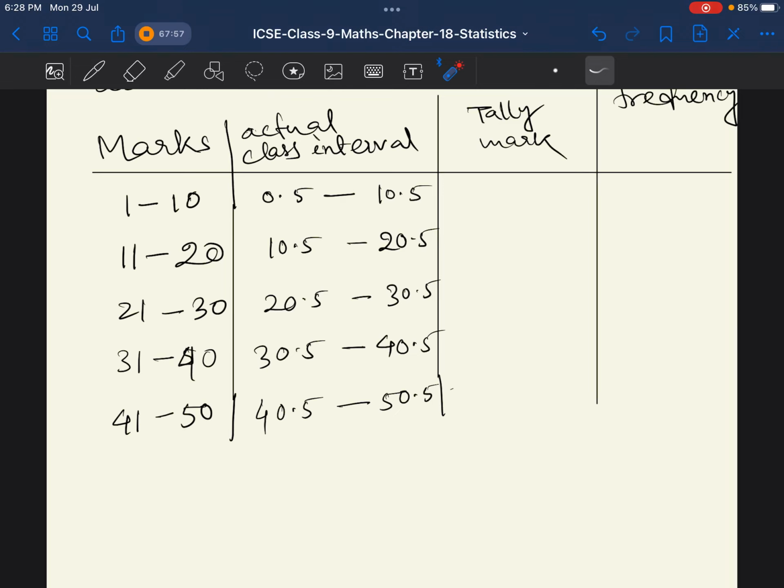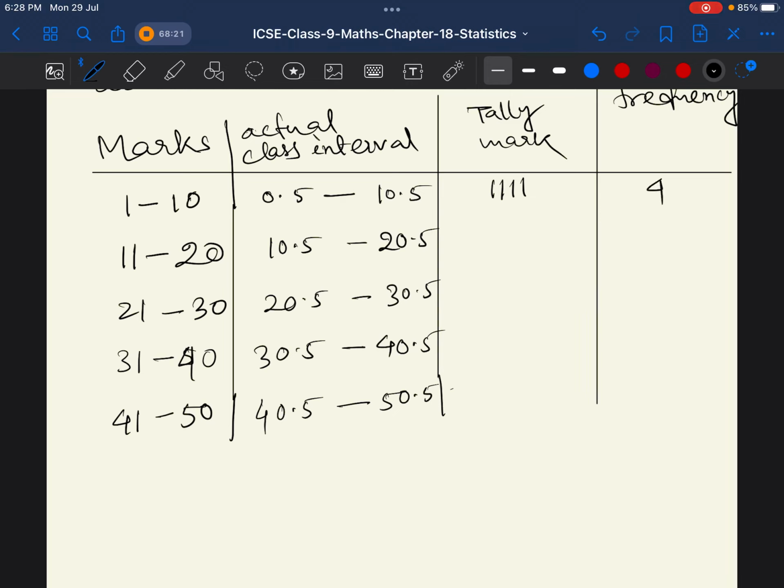The values are 4, 8, 9, and 2, 1. So the tally marks here are 4, 1, 2, 3, 4, frequency will be 4.